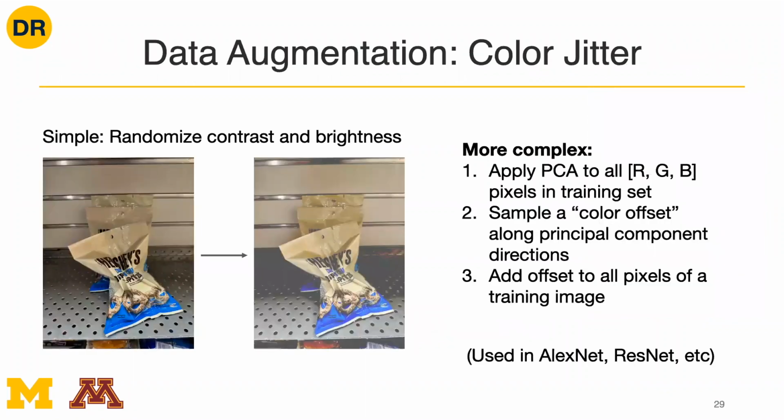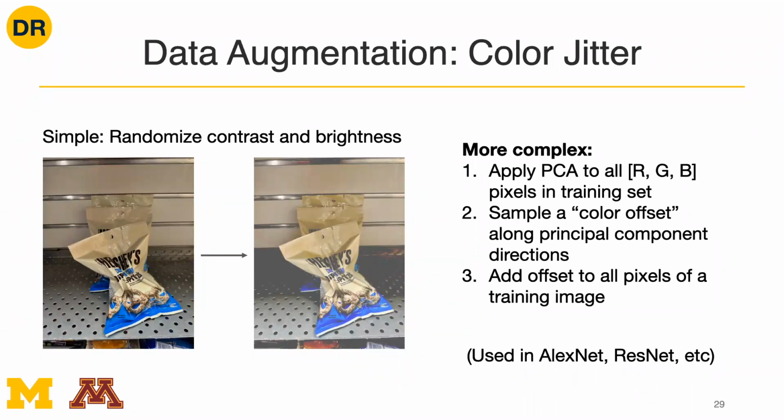One other thing you could do is randomize contrast and brightness. You can also do much more complex things than that, like principal component analysis on each of the channels and do a particular offset in the direction of the principal components. This is seen in AlexNet and ResNet.